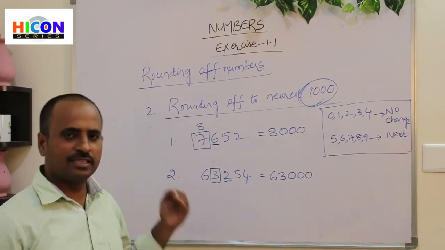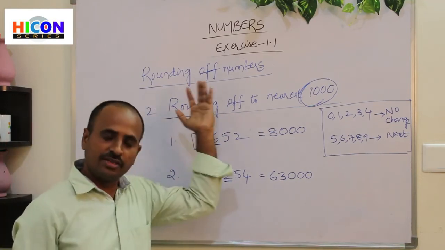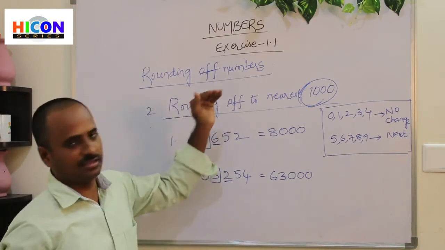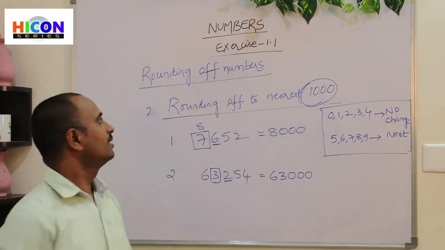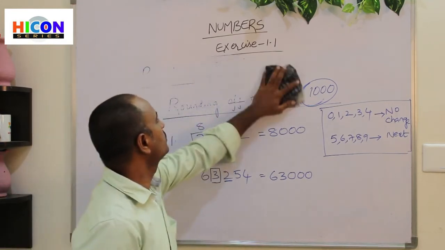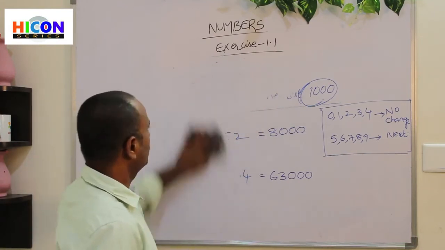So children, let us practice some problems on this rounding off concept in the exercise. So go to exercise 1.5, 1.1 and let us practice some problems on rounding off numbers.